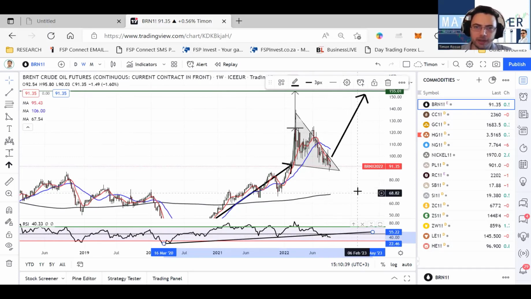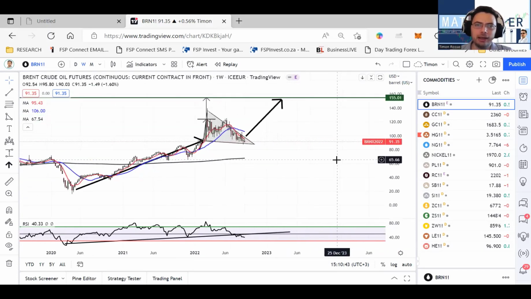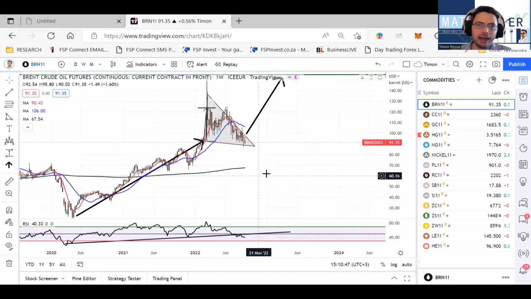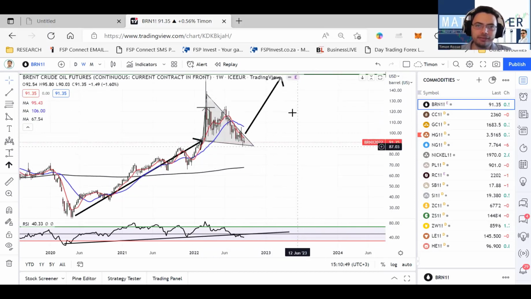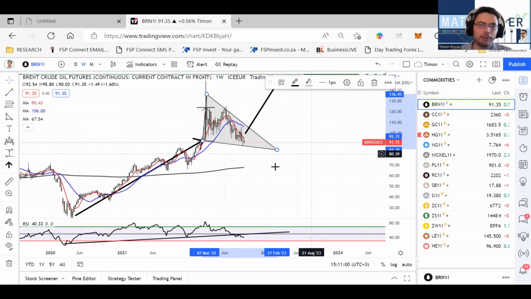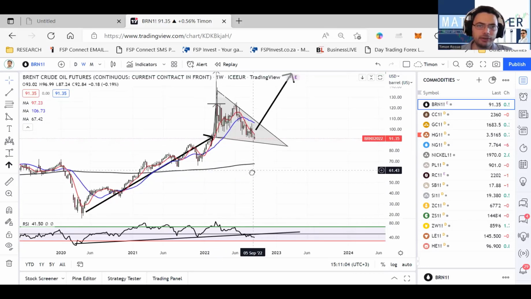So it's entered into bearish territory. But that bearish territory just might be a consolidation period before it breaks to the upside. It can very well make this type of formation, and then it has an M formation. But as things stand, this is showing a falling wedge, which has a higher likelihood of breaking up. And because price is above the 200-day moving average, it has a high chance.